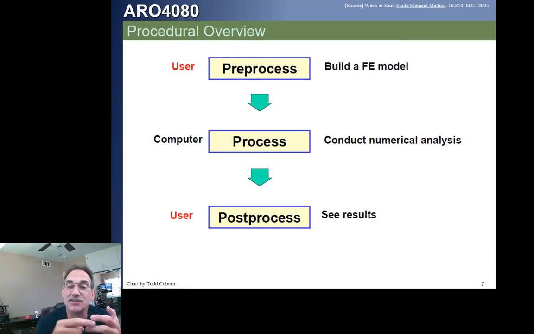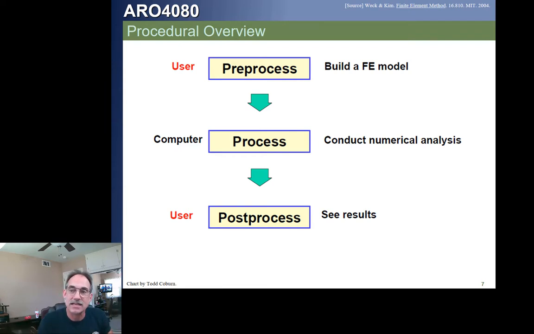We'll make a text file that has all of the information we need, which the computer then reads and constructs into a mathematical problem. That's called pre-processing. Or you can use a pre or post processor. All that SolidWorks, Patran and FEA do is create a graphical interface where you're drawing the part, and it's creating that little model for you.